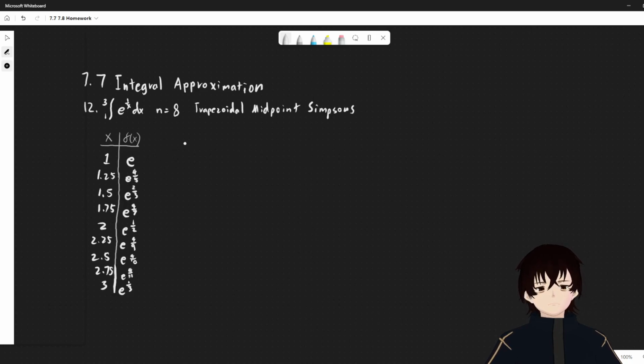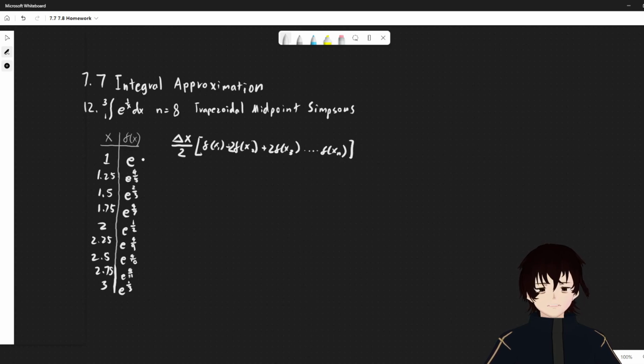Now, trapezoidal rule first. Trapezoidal rule wants delta x over 2, I believe, and then times f of x1 plus, no, 2 times f of x2 plus 2 times f of x3, and so on, all the way until f of xn.